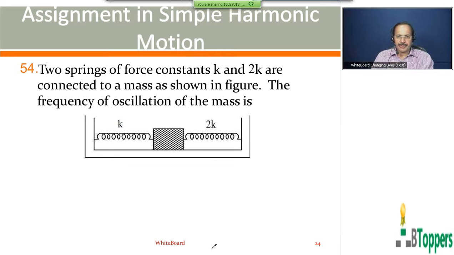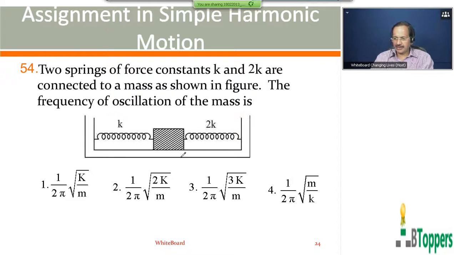Next is question number 54. Two springs of force constant K and 2K are connected to a mass as shown in the figure. The frequency of oscillations of the mass is. 4 options are given on screen. So you have to take the mass as small m here.